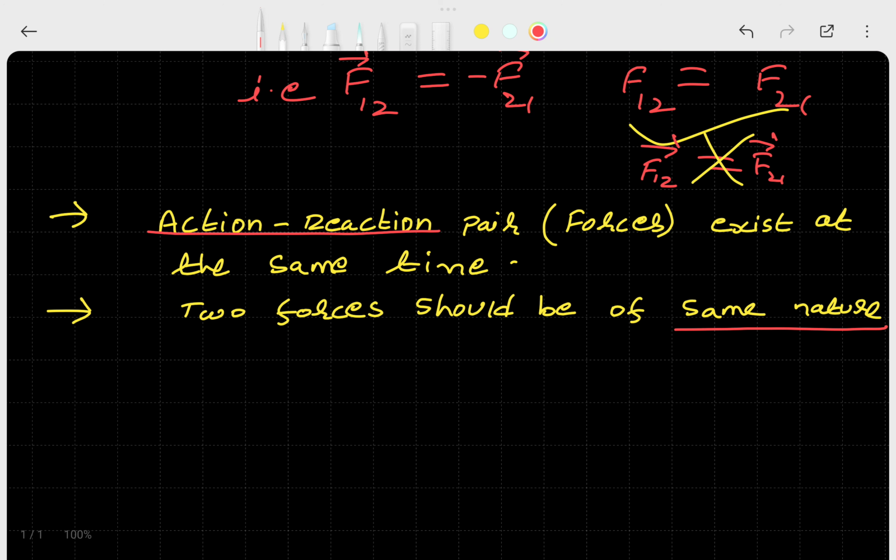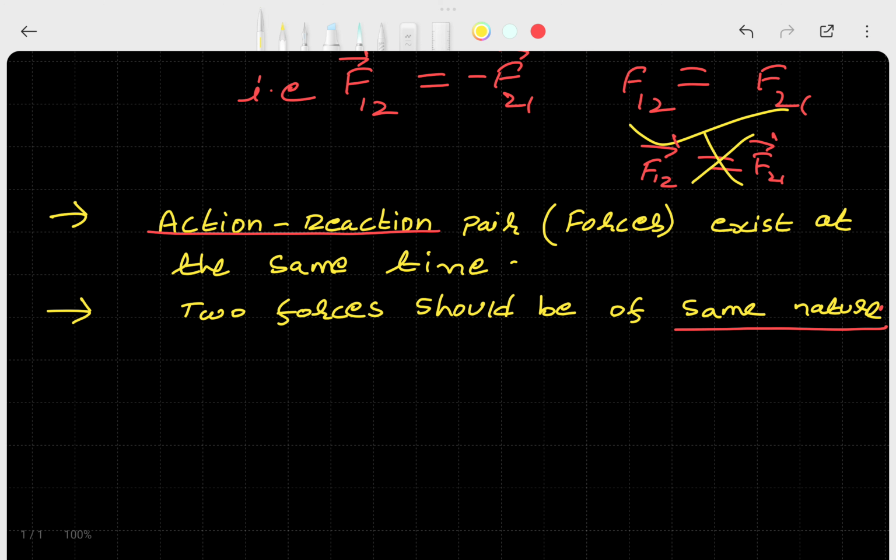But gravitational with gravitational, normal with normal, tension with tension are the same. So you cannot take a gravitational force and an electromagnetic force as an action reaction pair.